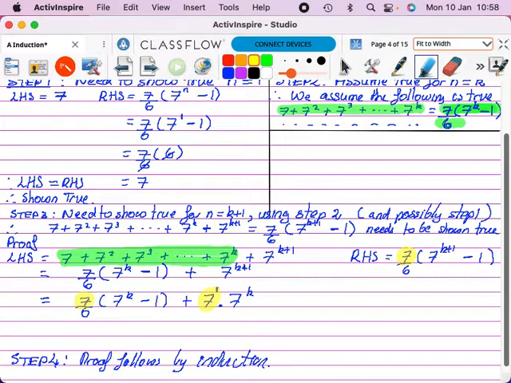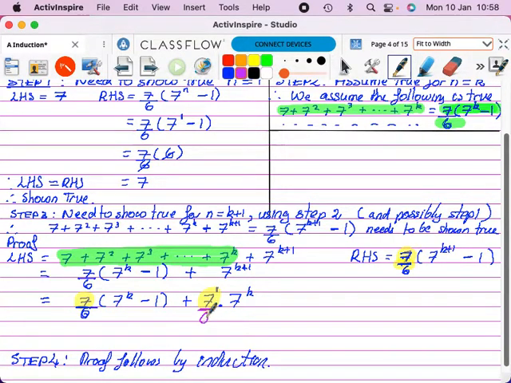Now, there's one other very tiny bit of a problem. I'm also meant to be able to factorize out a divide by 6. I've already identified I can factor, but I've got a slight problem. I've only got to divide by 6 on one part of my question. So this is where a little bit of jiggery-pokery comes in. Guess what I'm going to do?